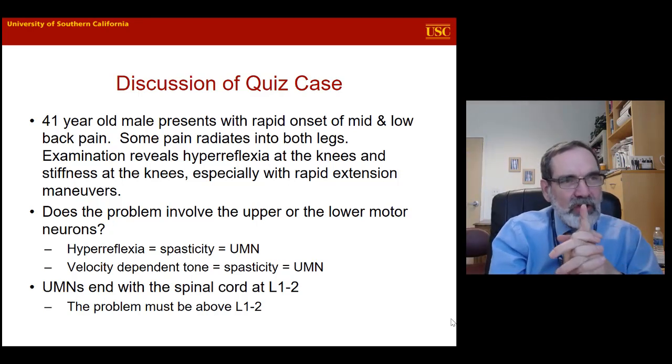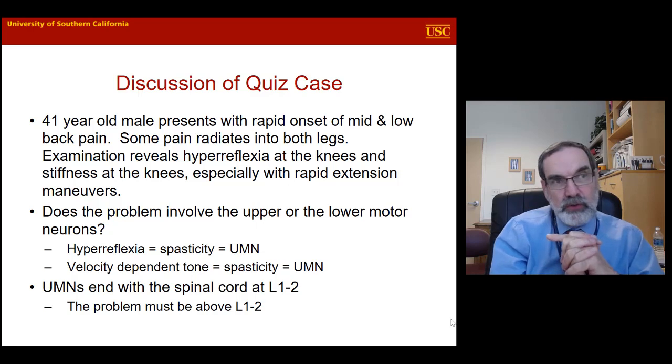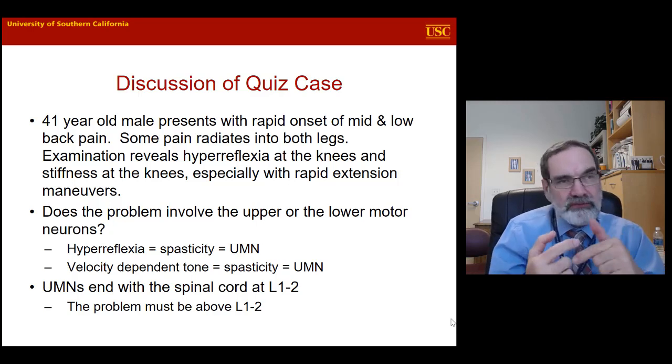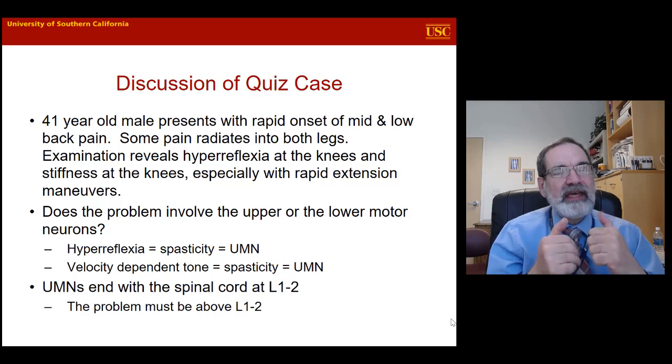Nerve roots are lower motor neurons. Lower motor neurons will not create spasticity. So you might see weakness if it's a lower motor neuron condition like an L4-5 severe disc herniation. You might see weakness, you might see loss of reflexes. You will not see hyperreflexia, velocity-dependent tone increased as a result of any problem below L1, L2.